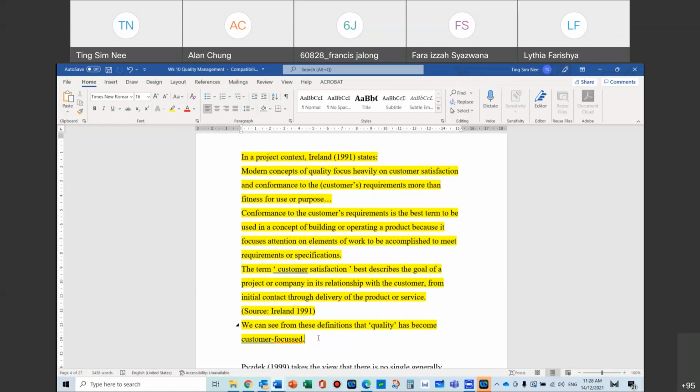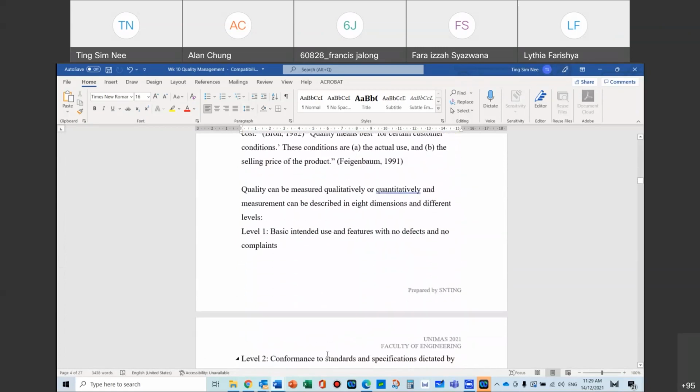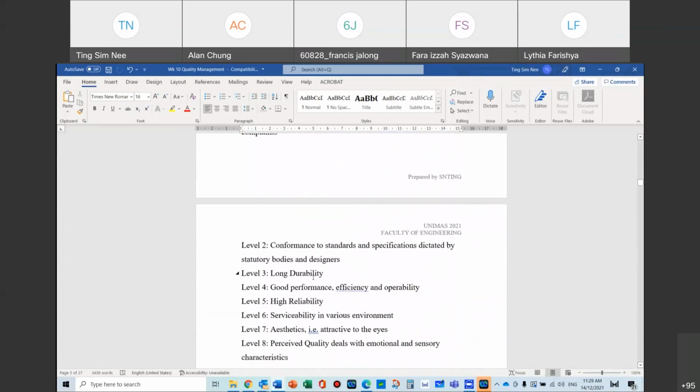You see. So you must understand who are your end users, who are your paymasters. So once you got that sorted out, then you will define what level of quality that you want, what sort of definition that you want, and then you start to design accordingly and try to match the mind of the client. So before the construction work actually starts, all these things must be settled first.